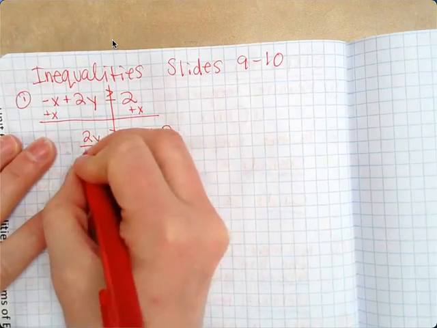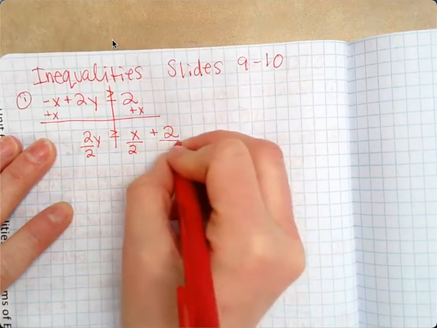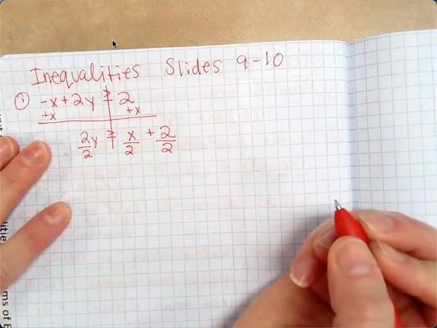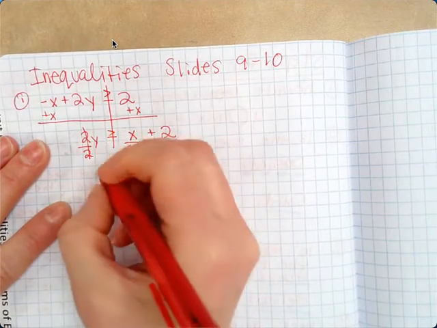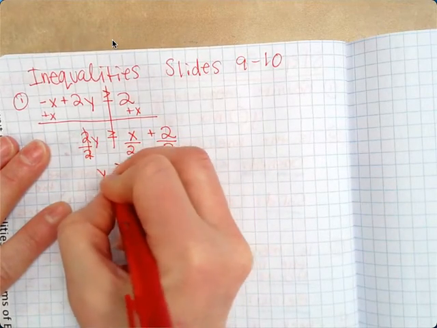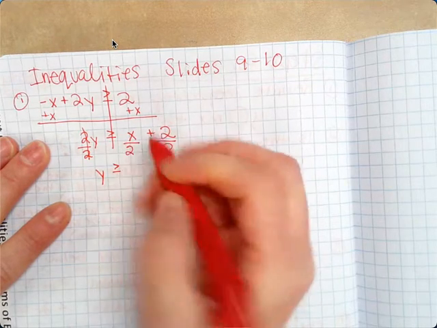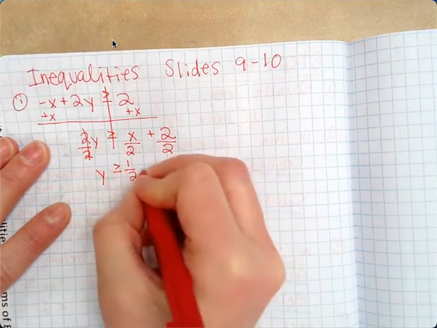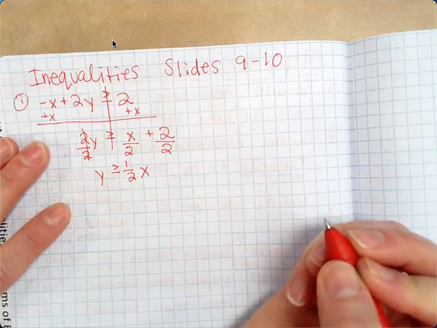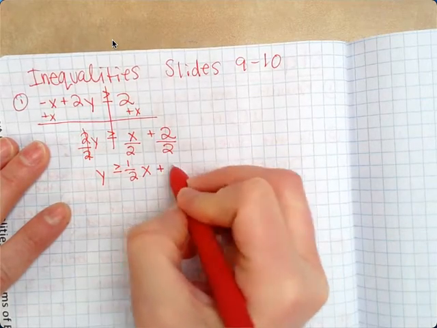And then divide by 2. And I get y is greater than or equal to, there's not a number in front of the x, so that means it's 1 over 2x. 2 over 2 is 1, so plus 1.